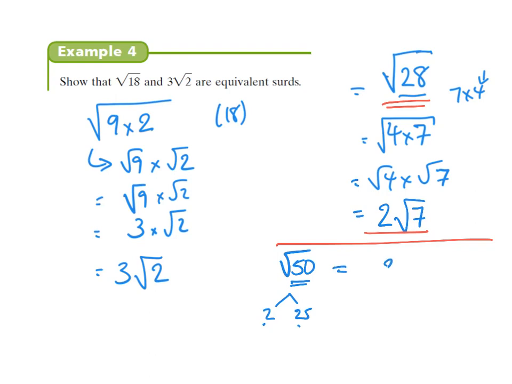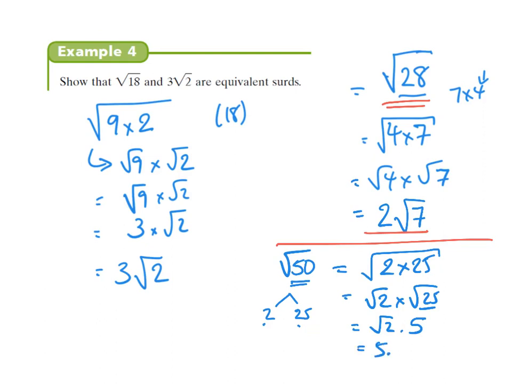So square root 50 is the same as square root of 2 times 25, so that we can split that out to square root 2 times square root 25, and square root 25 is just 5. Square root 2 stays the same. I'm just going to write that with the whole number first and the surd on the outside. So that's just another example for you.